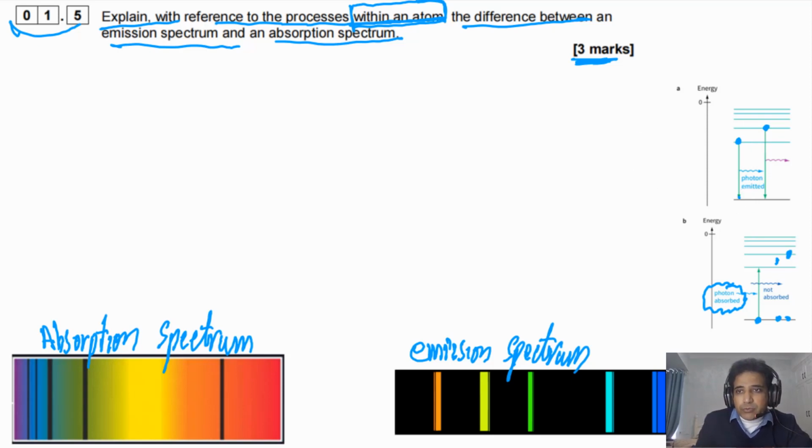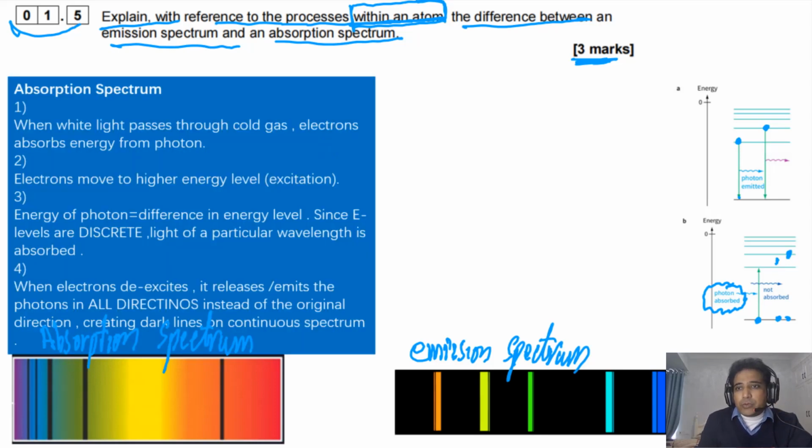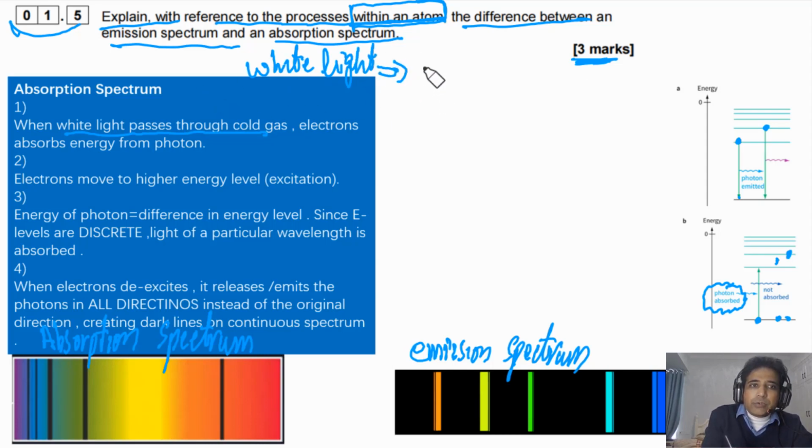Now let me explain this in detail so you can understand absorption spectrum and also emission spectrum. First of all, for absorption spectrum, you need to understand when white light passes through cold gas. Imagine we have white light, meaning it consists of all colors, and it passes through a gas cloud.